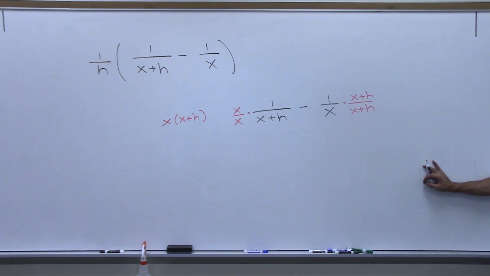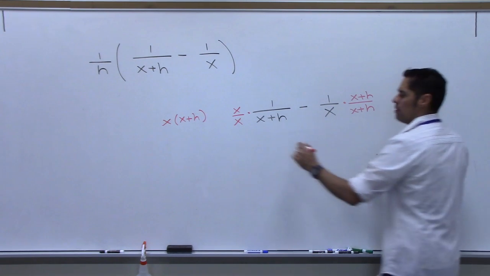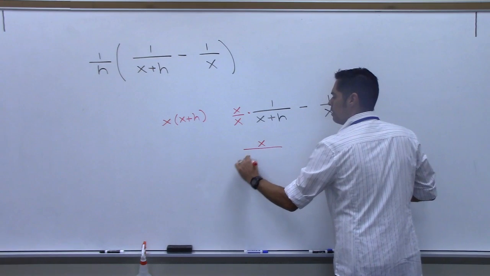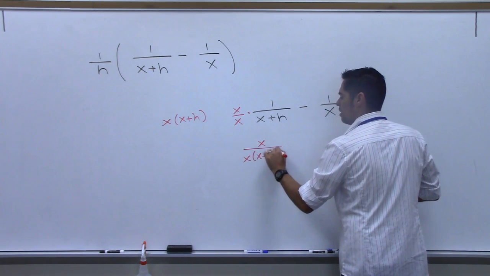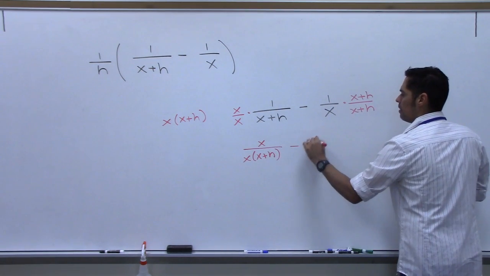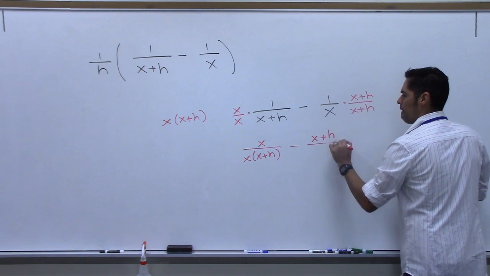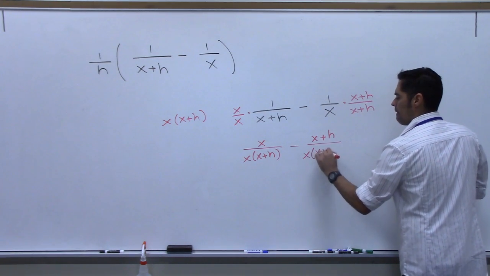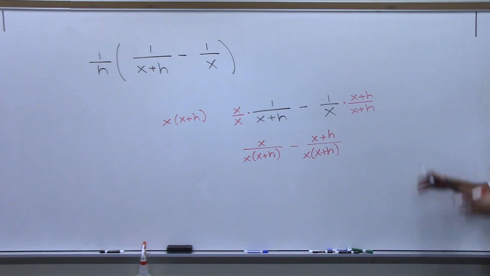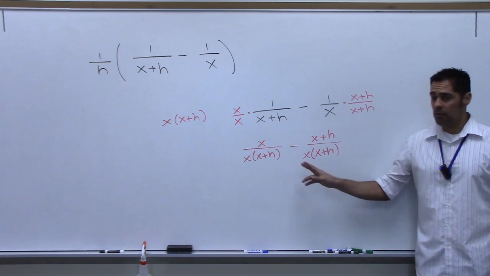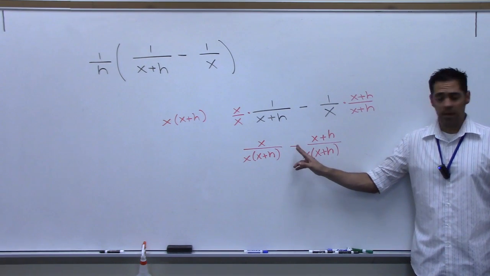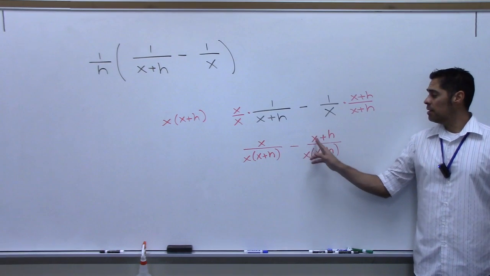And yeah, so you should have the x over x times x plus h here, like that. Then when you put them together, be very careful with this minus sign, right? That minus sign has to distribute here and here.